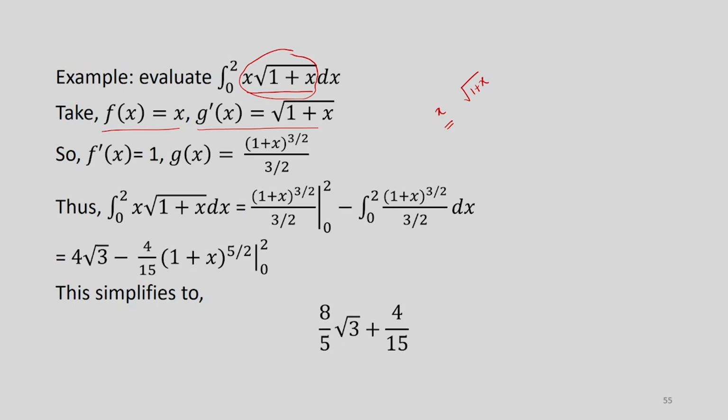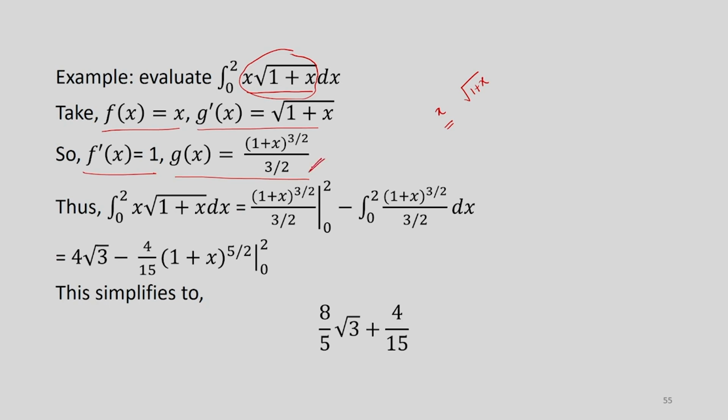Now, as before, I have to find two things. One is f prime x, that is 1 here, and I have to find the antiderivative of g prime x, and that is not difficult to find.